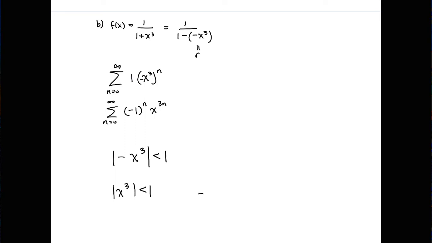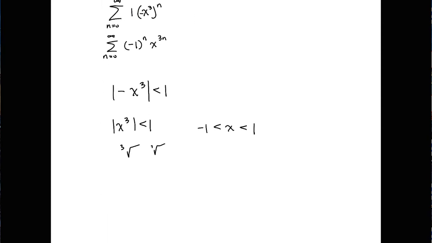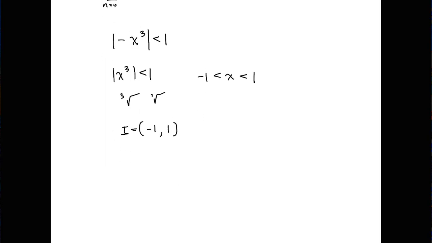That's going to happen for -1 less than x less than 1, because the cube root of 1 is just 1. So our interval is -1 to 1 again.